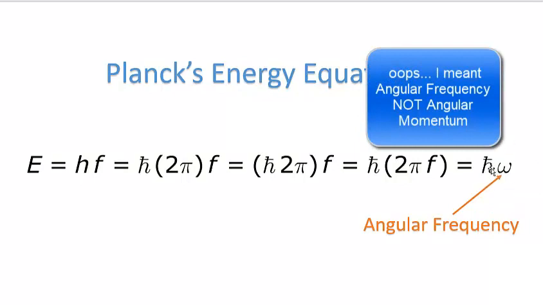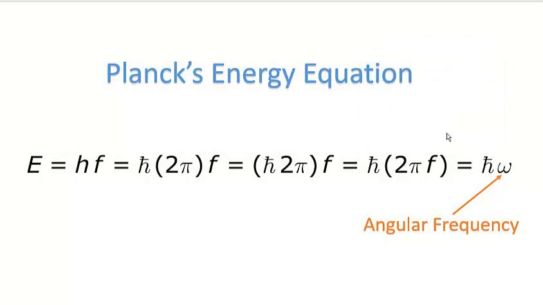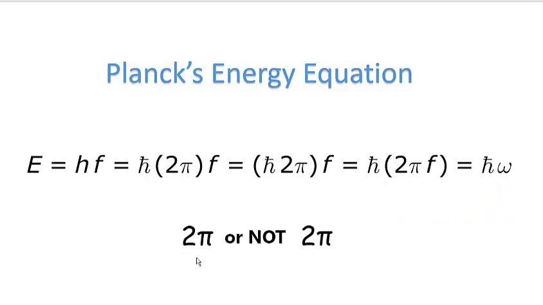So in physics, generally, if you use h bar and you don't see a 2 pi in the equation anywhere, you can assume that they're talking about angular frequency. And so 2 pi or not 2 pi, that is the question. Do we use angular frequency or do we use regular frequency?